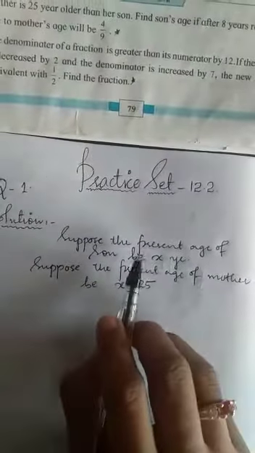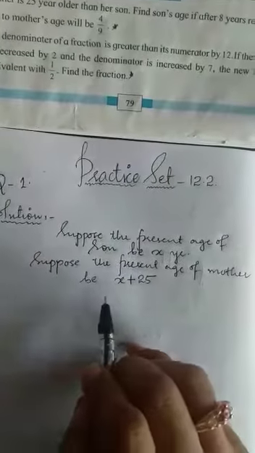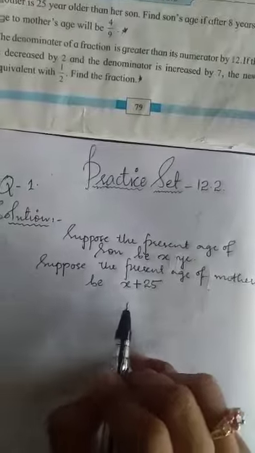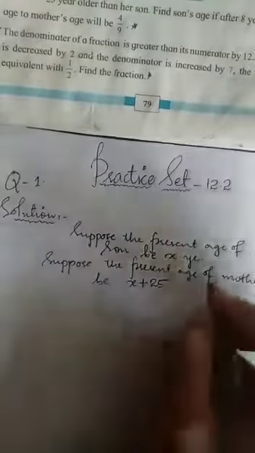We took the present age of the son as x years, and his mother is 25 years older than him, so x plus 25. Am I right?